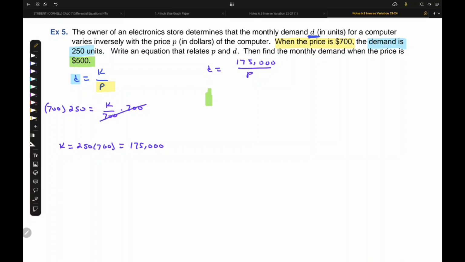So let's see how many computers they're going to sell if their price goes to $500. So demand, the number of units that they sell, is equal to 175,000 divided by 500, and this gives us 300 units. And so we're going to sell 300 computers. So that is what our demand will be.